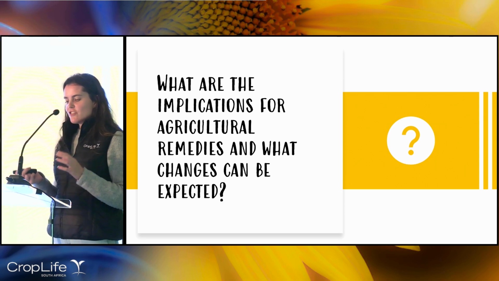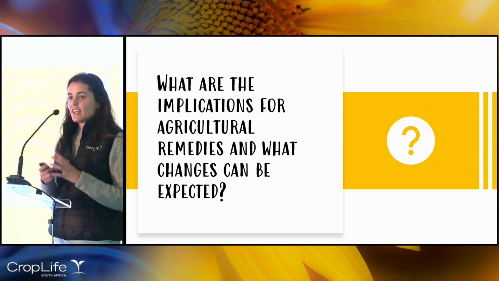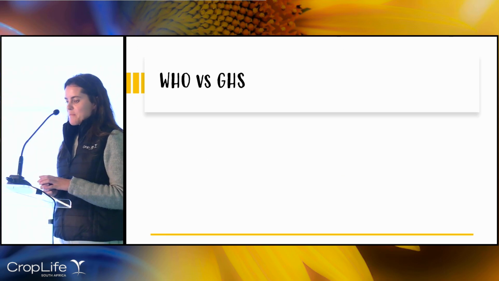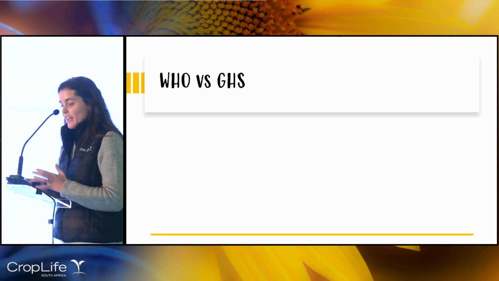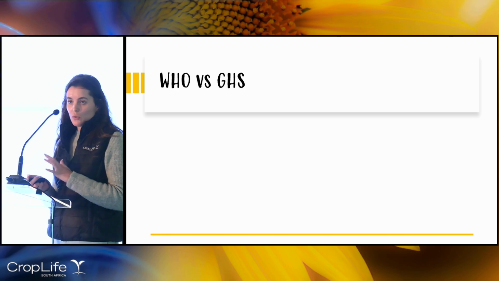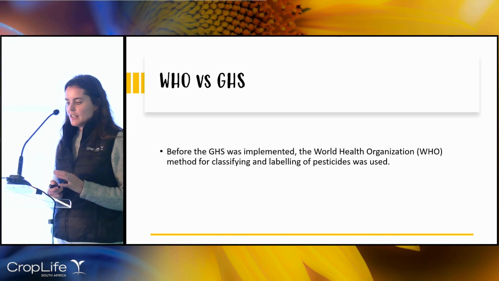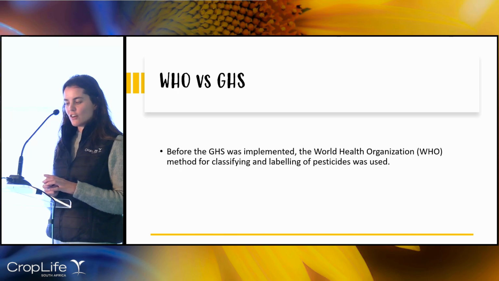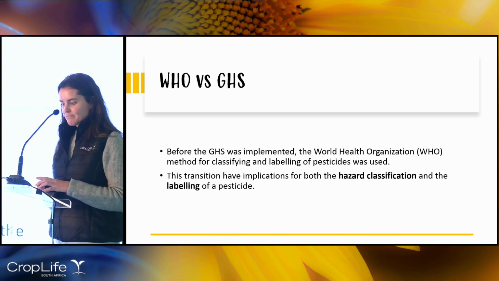Okay, so what are the implications for agricultural remedies and what changes can we expect? To provide you with the changes, I think it's important that we look at the old system as well, which was the WHO. Before GHS was implemented, we used the World Health Organization method for classifying and labeling of pesticides.